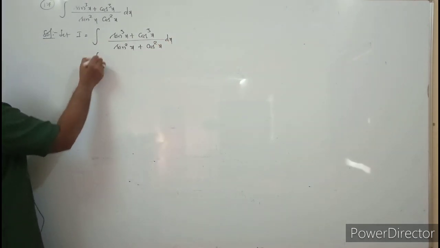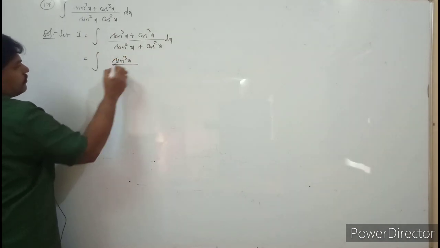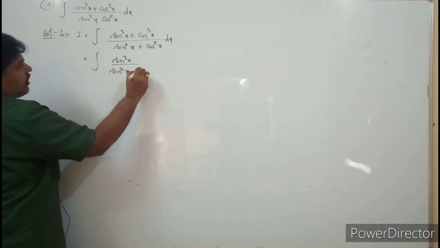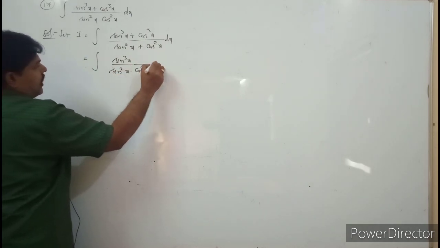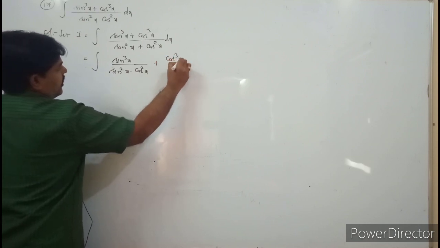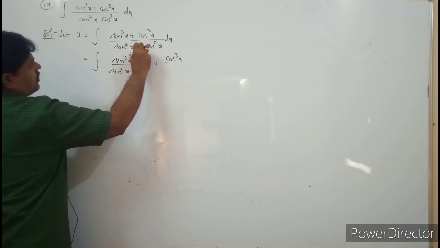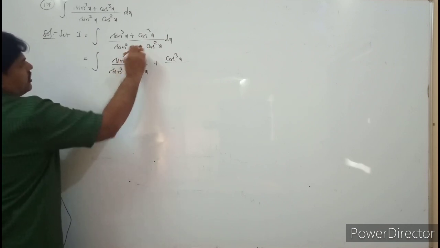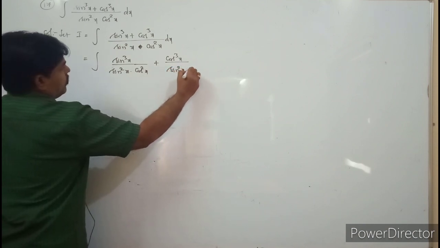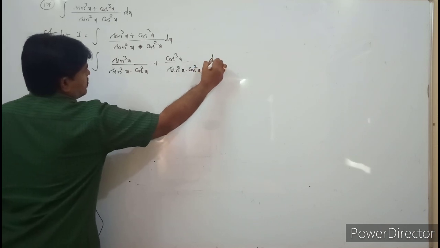So separate the terms here, students. That is sin cube x by sin square x into cos square x, plus cos cube x by, in the denominator it is not an addition, it is a product, so that is sin square x into cos square x, into dx.